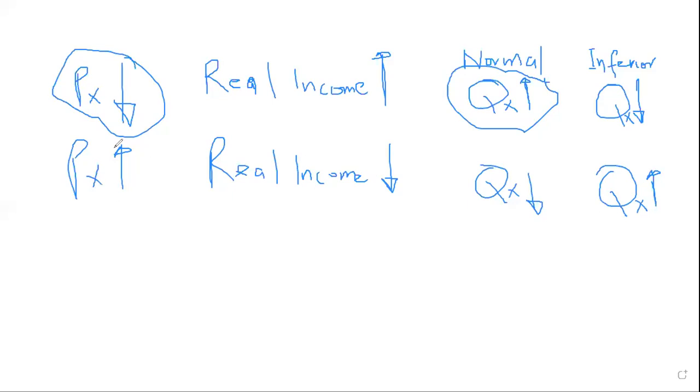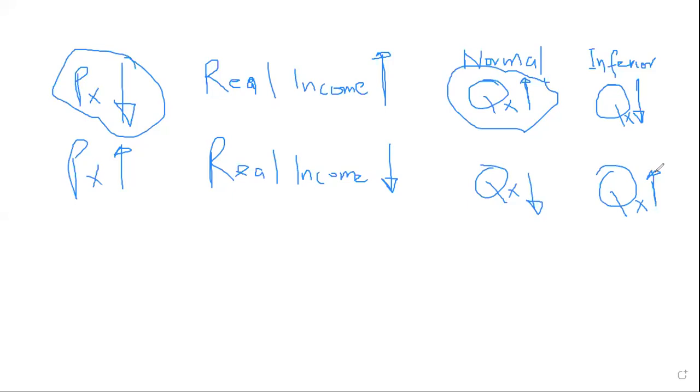Price has gone up, quantity too has gone up. So you see a direct relationship, and direct relationship means a positive relationship. So with a rise in price, quantity rises for inferior goods. And that's why we're saying that for inferior goods, the income effect is positive.